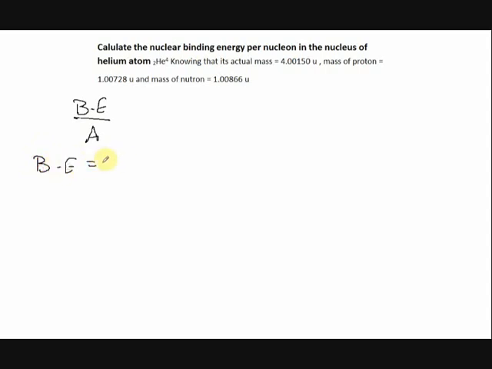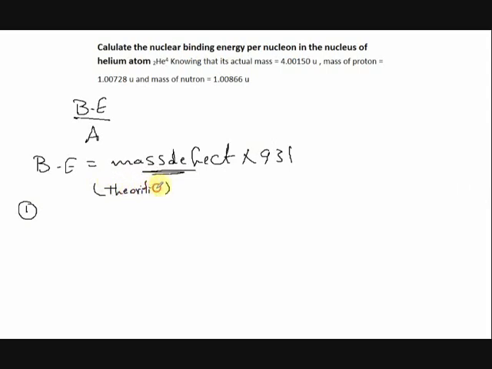To calculate the nuclear binding energy, the total binding energy equals mass defect times 931. The first step is to calculate the mass defect, which equals theoretical mass minus actual mass.